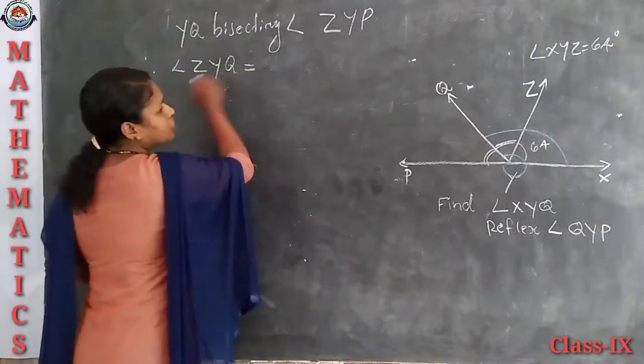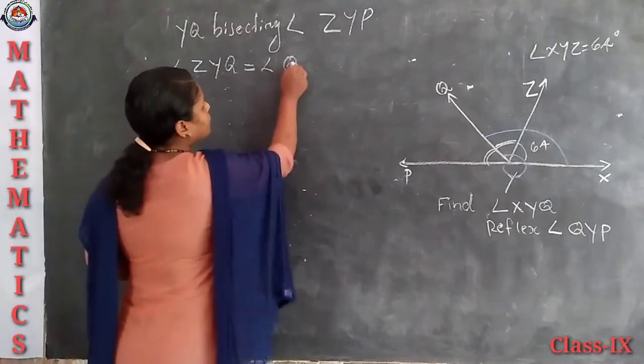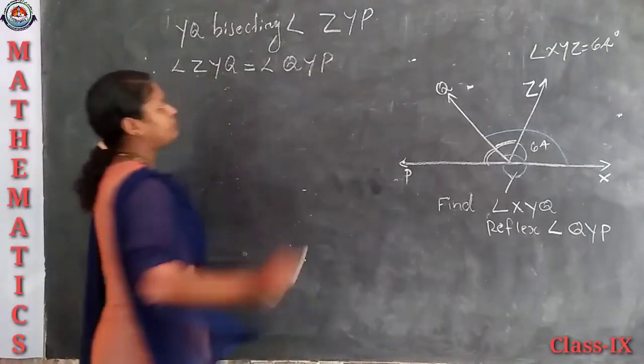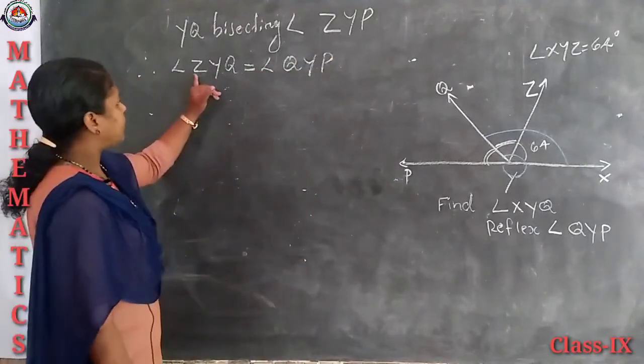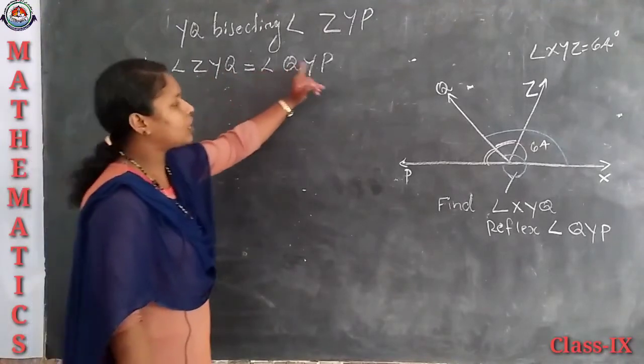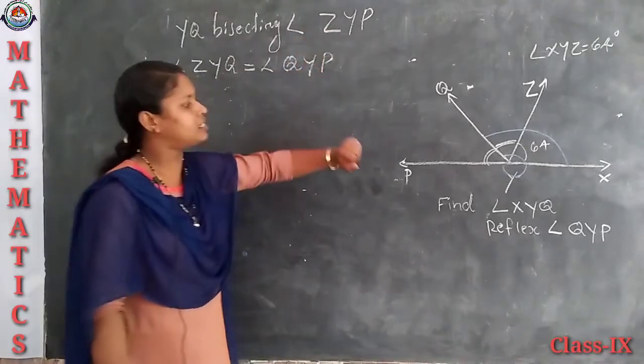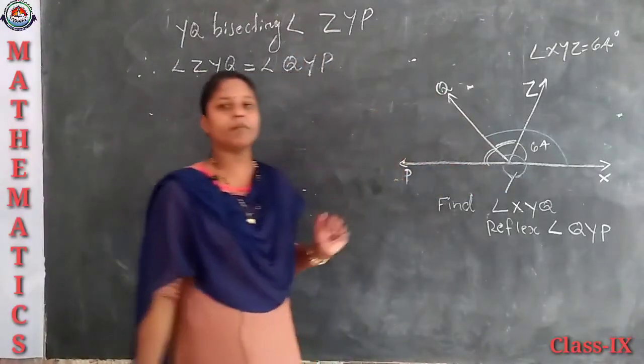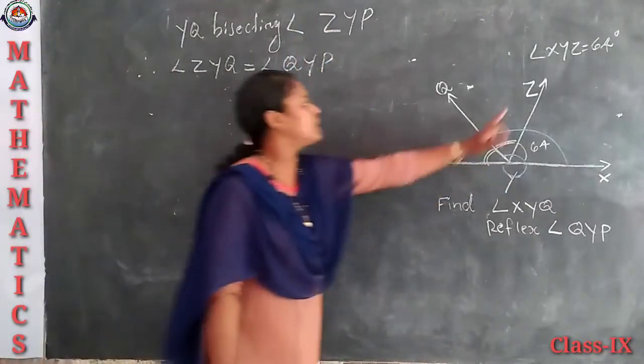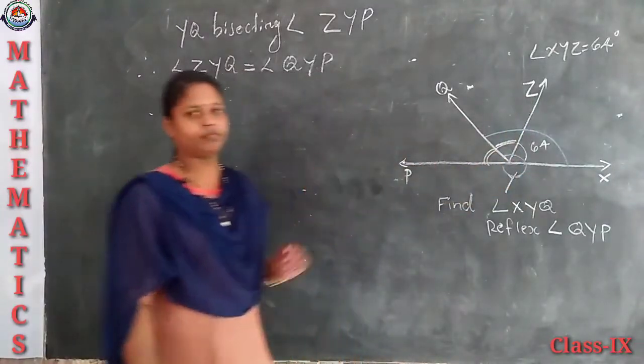Listen, angle ZYQ equals angle QYP because this ray YQ is bisecting angle ZYP.